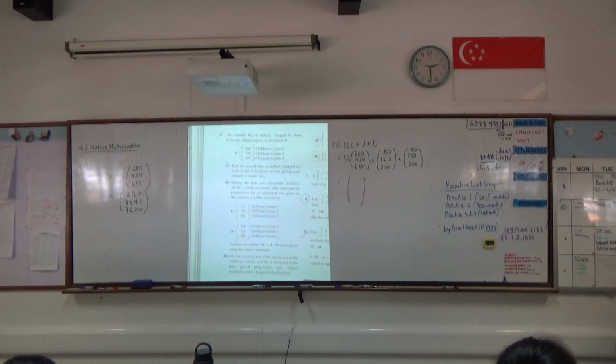If you're fast enough, start thinking, what does this matrix represent as well? Try to think about it in your own words.